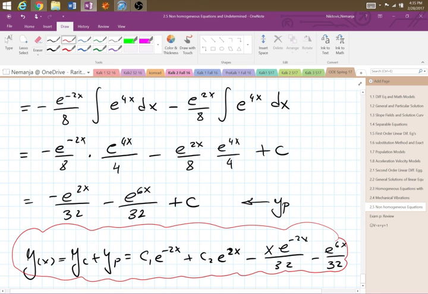So yp of x is negative y1 of x integral y2 of x times f of x divided by the Wronskian of x, sometimes that's a function, not always a number, dx, plus y2 of x, the integral of y1 of x, f of x divided by W of x dx.